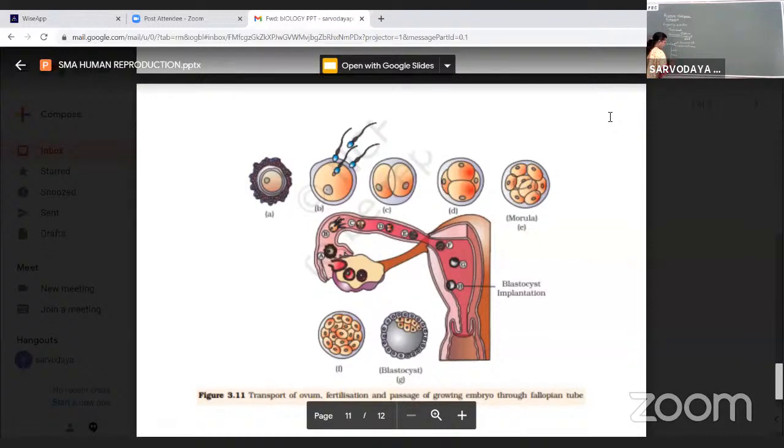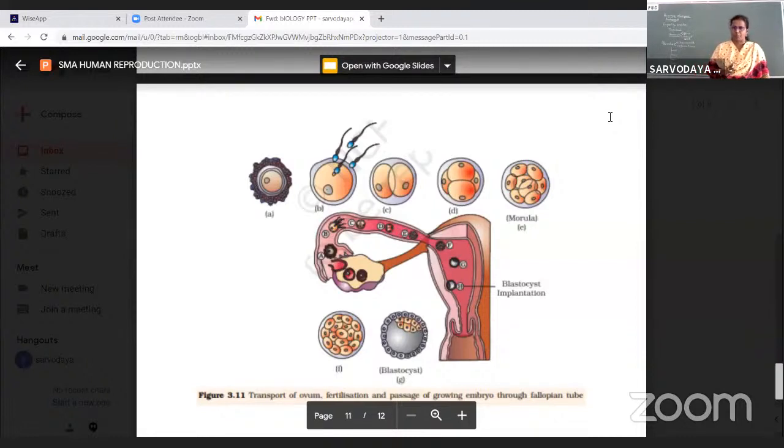What is the first function of the placenta? Very important: oxygen and nutrients are going to be supplied to the developing embryo. So, exchange of oxygen and nutrients between mother and fetus.